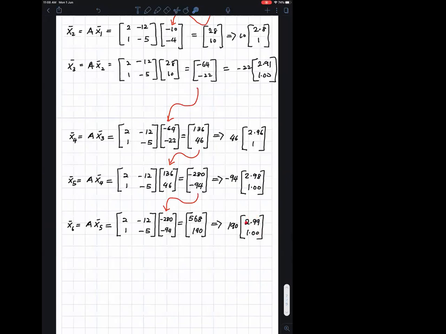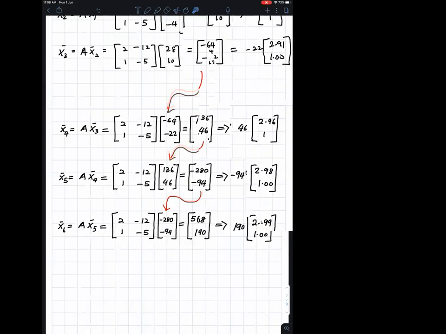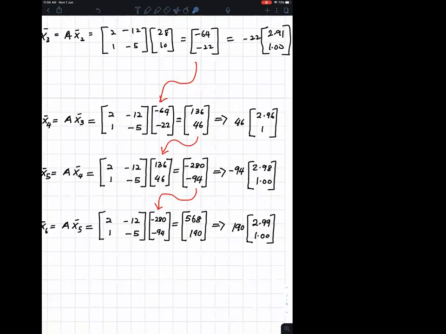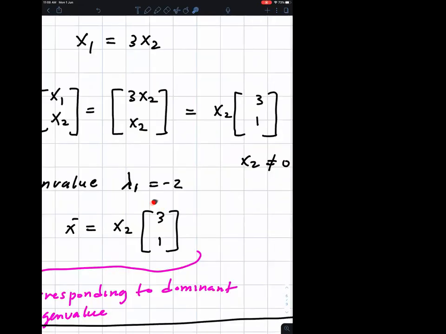Eventually, from the previous exercise, we know our eigenvector is 3, 1, right? We already calculated it without using numerical analysis.